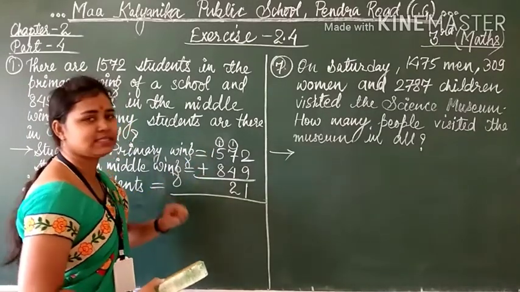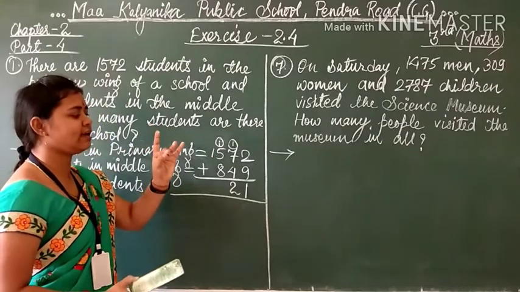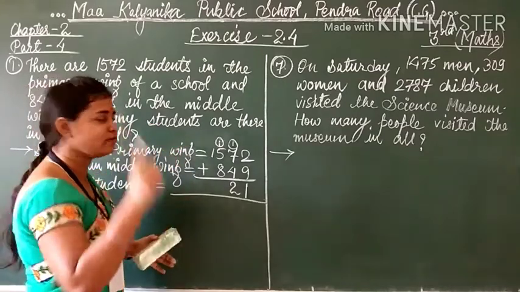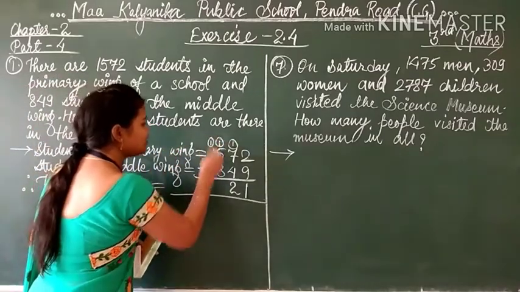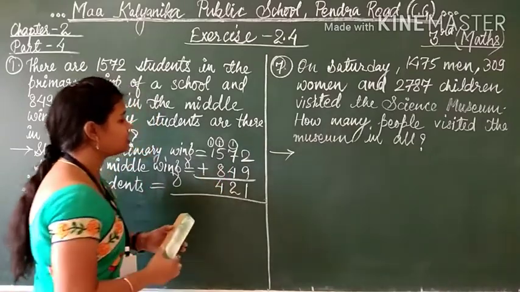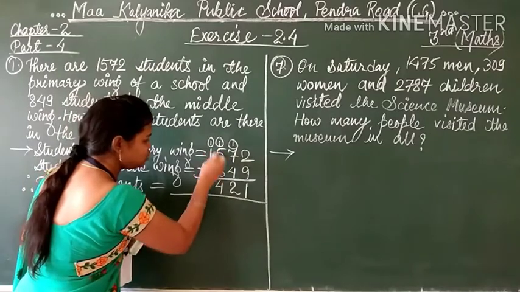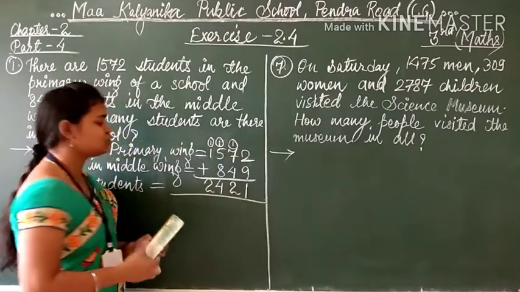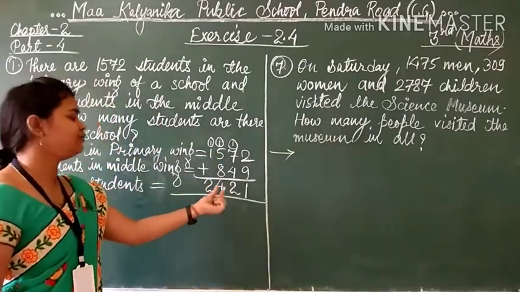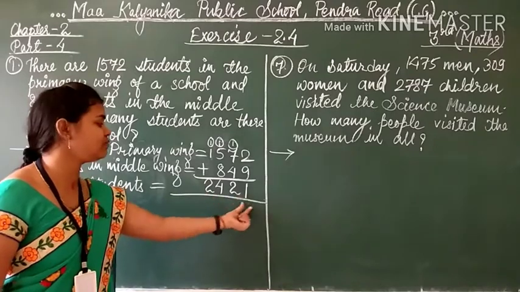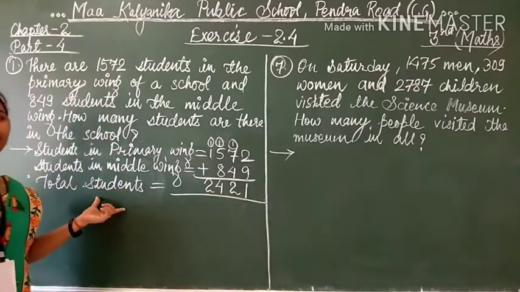So 8 plus 6, 9, 10, 11, 12, 13 and 1, 14. 1, 4. Now 1 plus 1 is 2. So 2421 students are there in all.